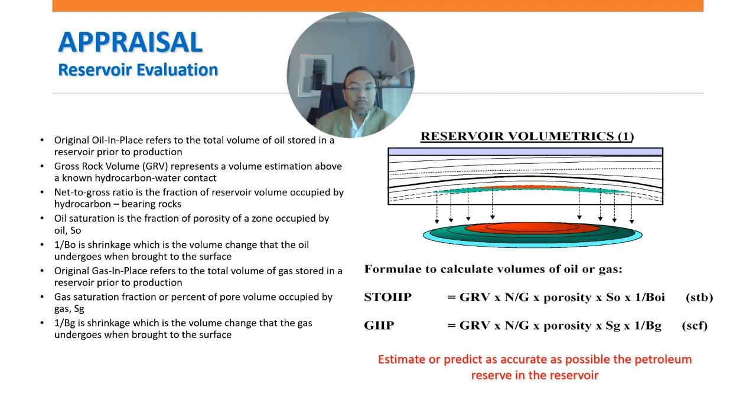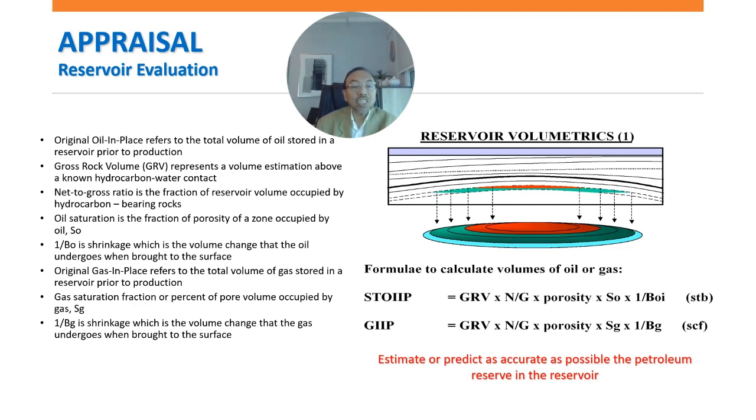1 over formation volume factor, Bo, is shrinkage, which is the volume change that oil undergoes when brought to the surface. Original gas in place refers to the total volume of gas stored in the reservoir prior to production.